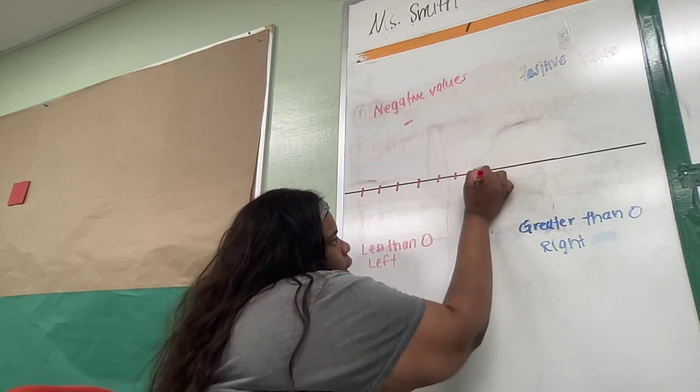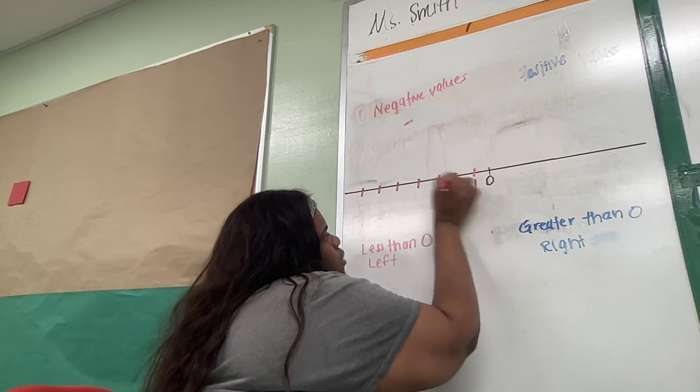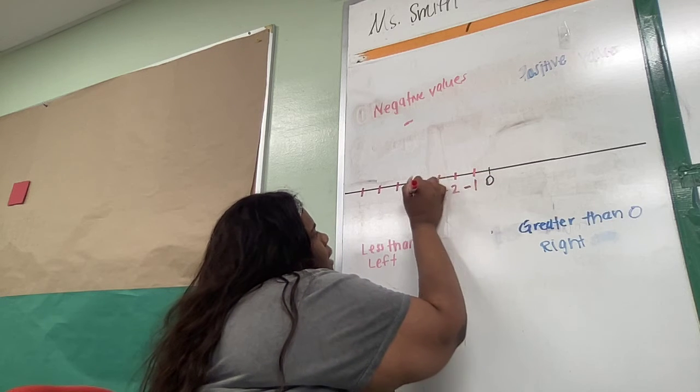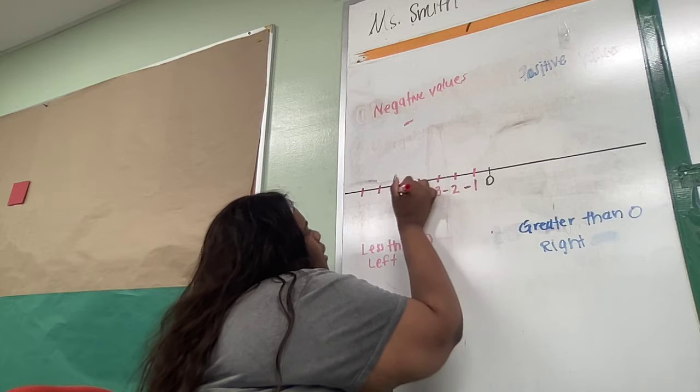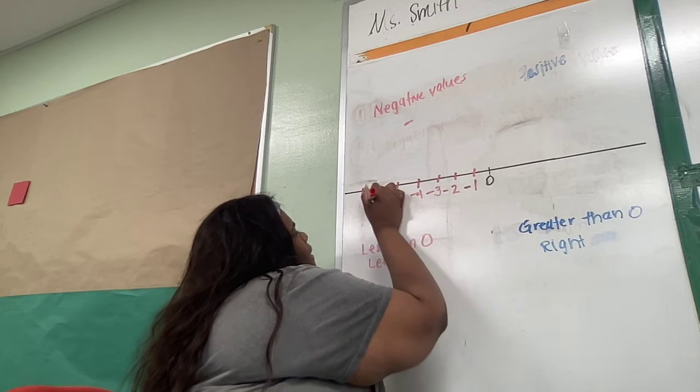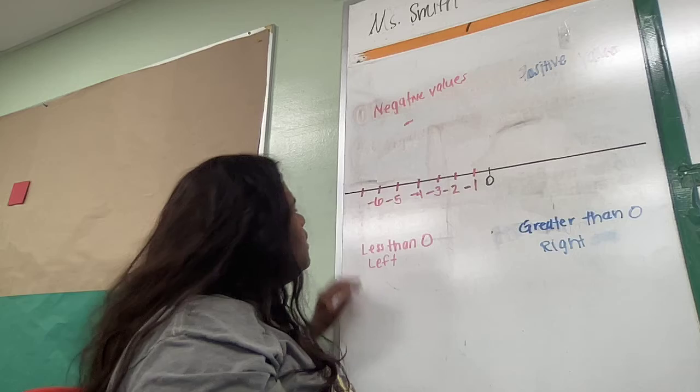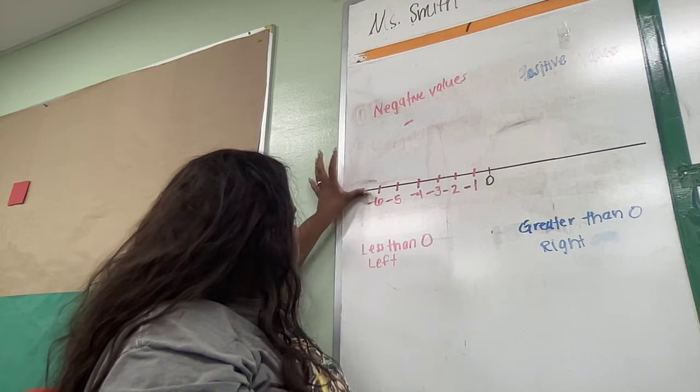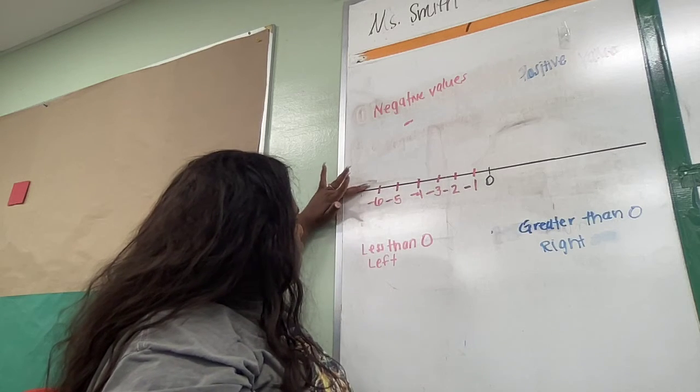So -1, -2, -3, -4, -5, -6. Okay, and let's delete this last one.